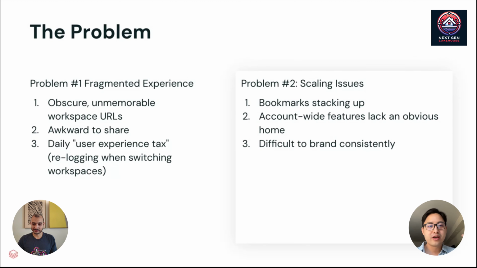As you have more workspaces on Databricks, your bookmarks start to stack up. We've seen customers get really creative, with Excel sheets or Google Sheets to track the different workspaces they have access to. And this is obviously very difficult to brand, right? If you think about Genie One and the progress we're making with business users, it's really hard to brand your Databricks environment in an easy way to share your assets through Genie One.